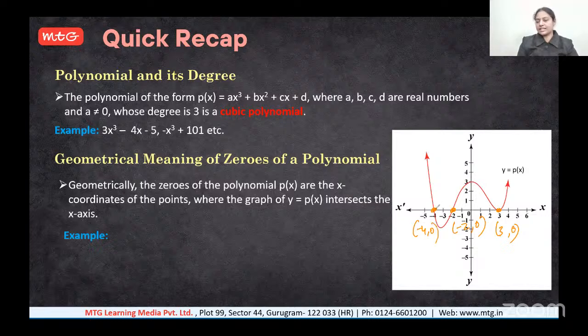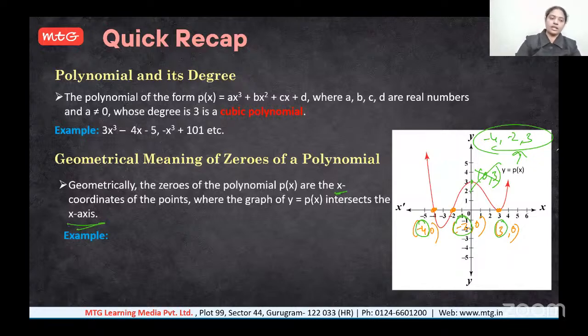It is also intersecting the y-axis at the point (0, 3). This is not needed for us because our intersection should be only with the x-axis. The x-coordinates are minus 4, minus 2, and 3. So the zeros of this polynomial p of x are minus 4, minus 2, and 3.